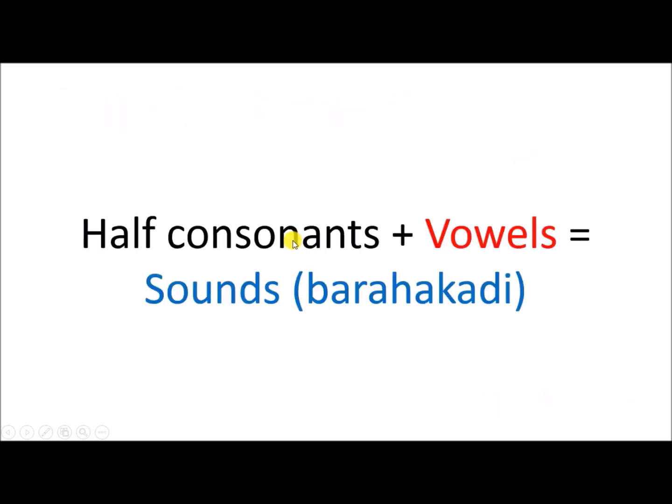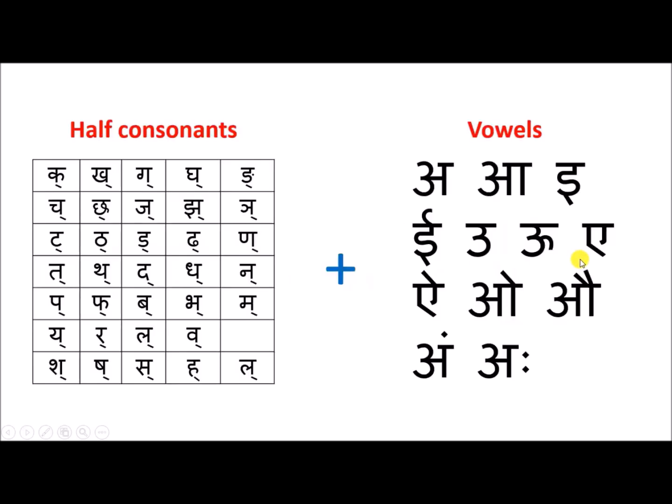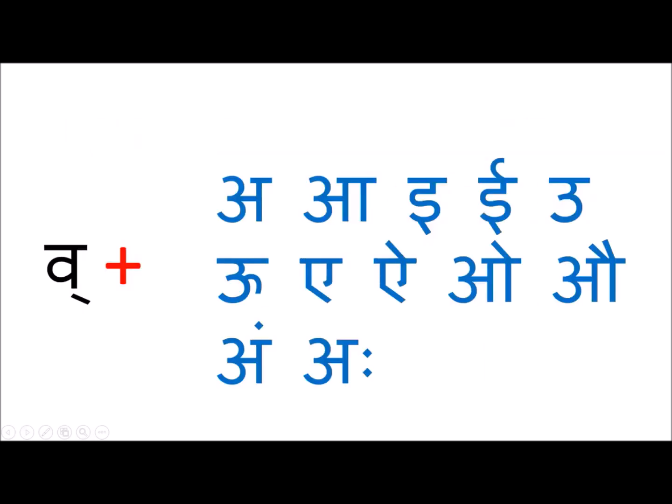We know that we get different sounds of Hindi when we add a half consonant to a vowel, and that is what we've been doing till now. We've been adding different half consonants to all the vowels, and in this lesson we will add this root consonant or half consonant to all these vowels.